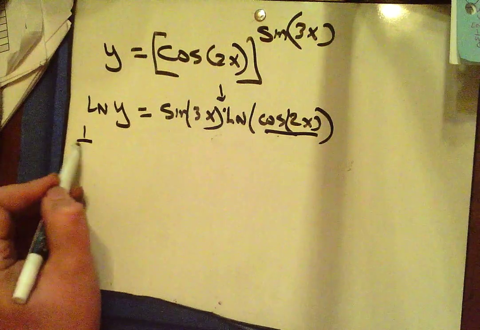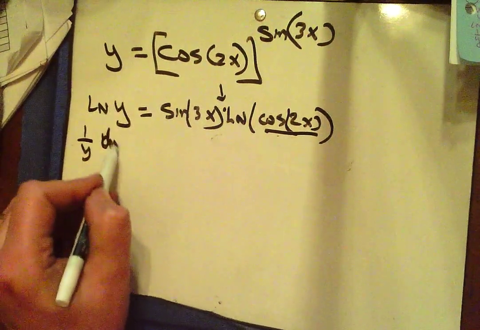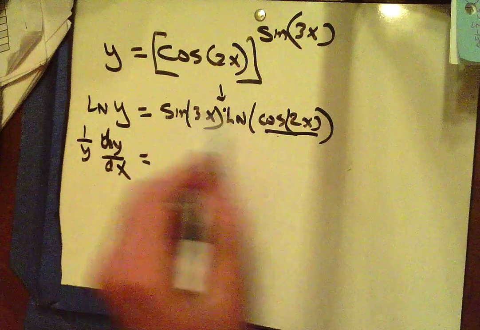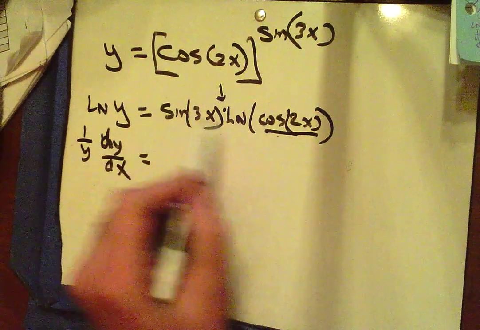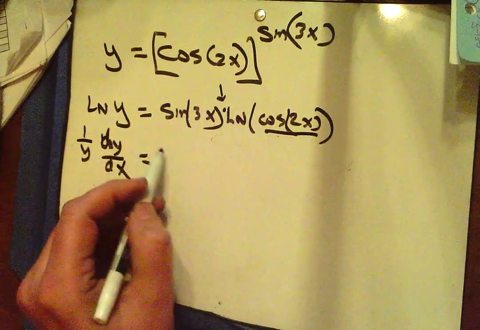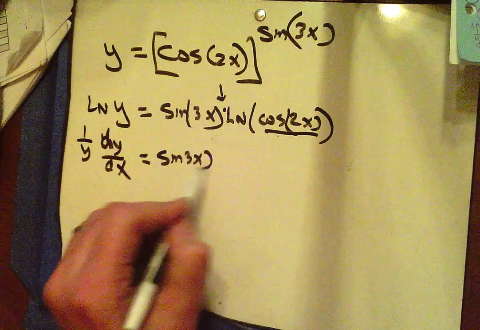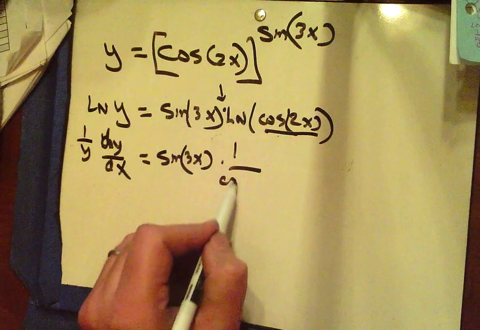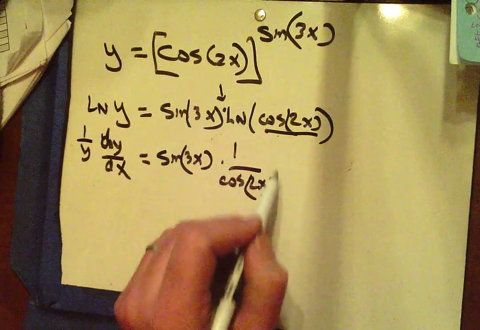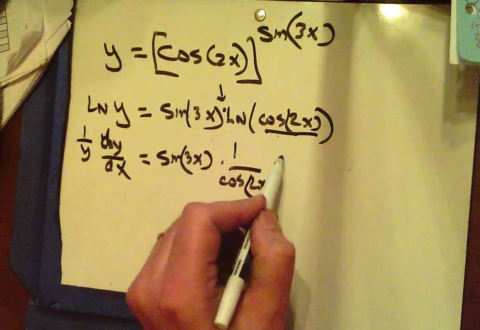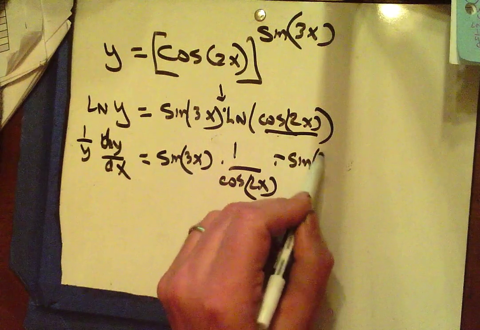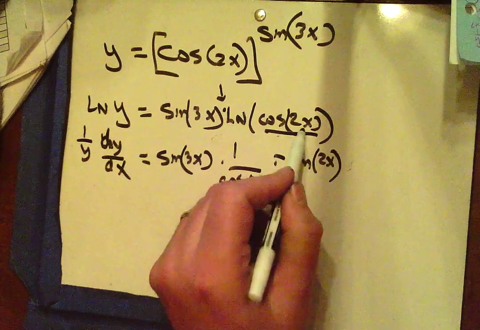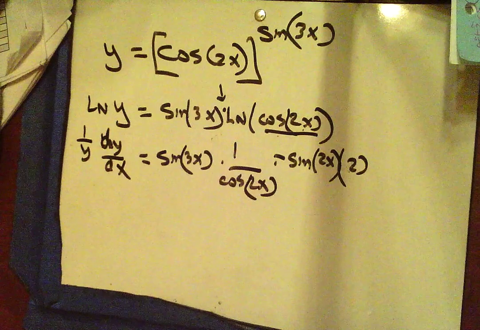Over here, of course, 1 over y, dy/dx, and here, product rule, this times the derivative of that. Sine 3x, the derivative of ln of stuff is 1 over stuff, times the derivative of that cosine, leave that inside alone, times the derivative of the innermost 2.